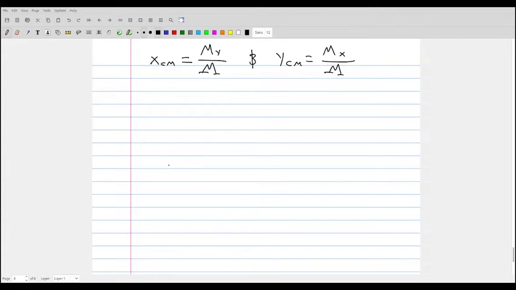So computing the center of mass, it's most useful to remember these two formulas, and then to remember that the total mass of a region is just the double integral of the density function over that region.